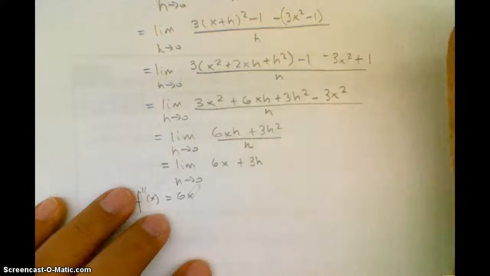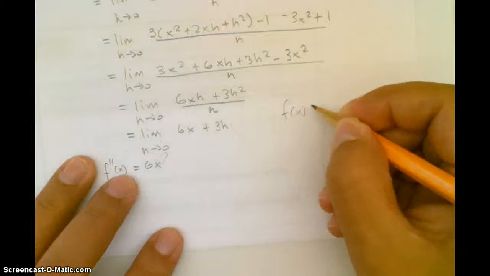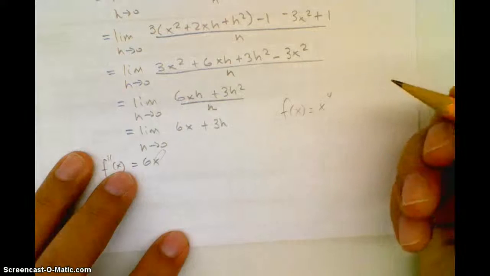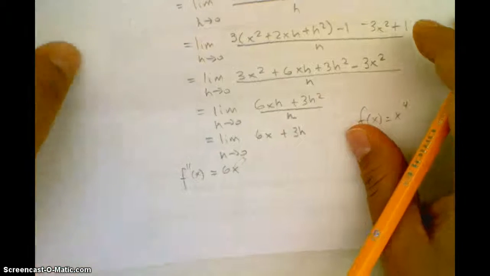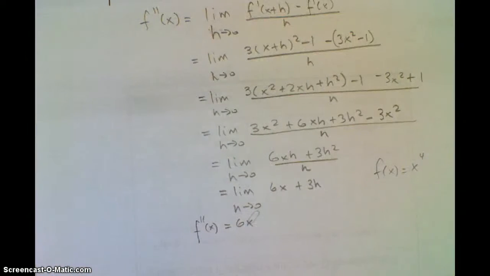So that always happens. For example, if you were given a function that has degree 4, then the derivative will have a degree 3, the second derivative will have degree 2, and so on. So what is the relationship between those? We're going to see that in the following animation.